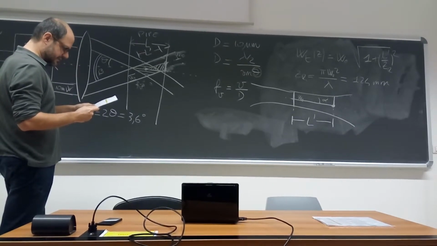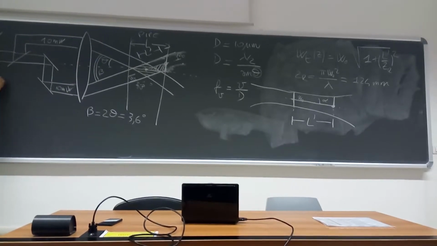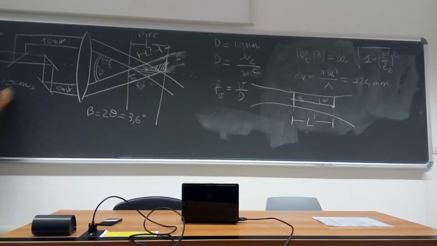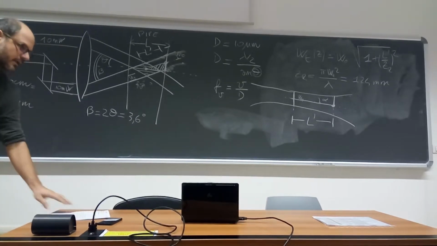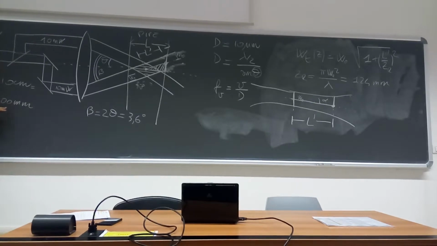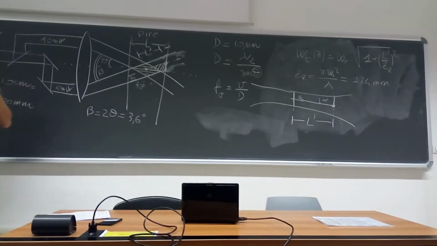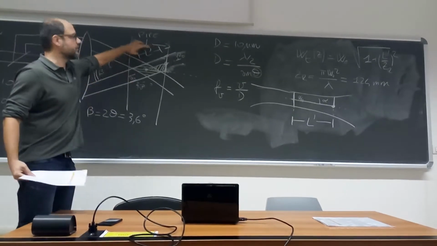Yes, this is 10 centimeters. I rewrite it here. Since L is 100 millimeters, and the Rayleigh distance is higher than L. Okay? Is it really important to find out the real value of L first or not?